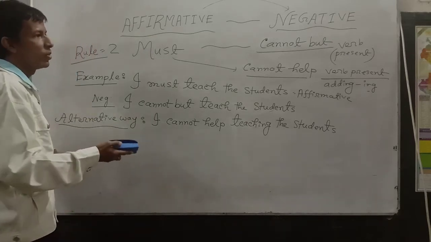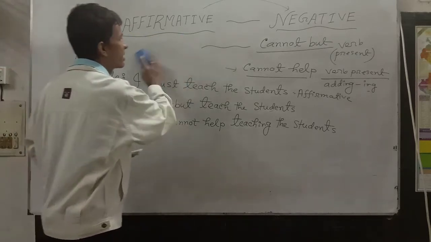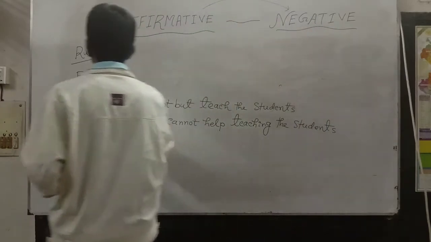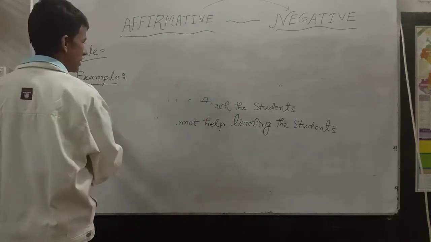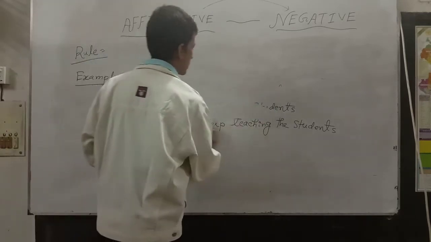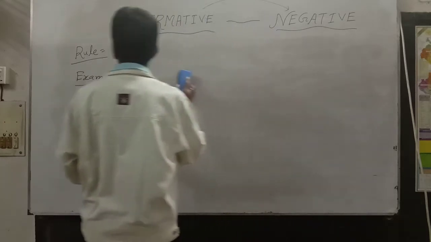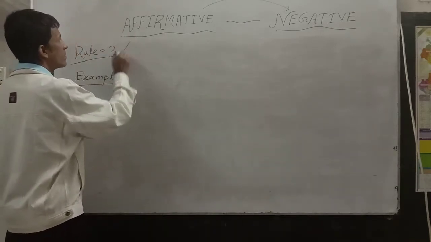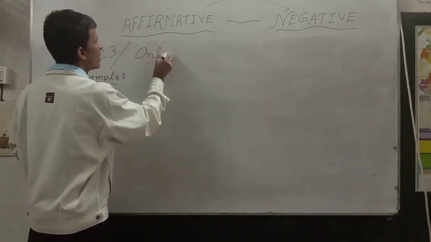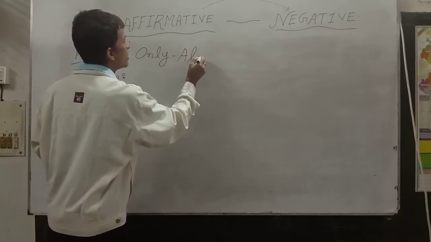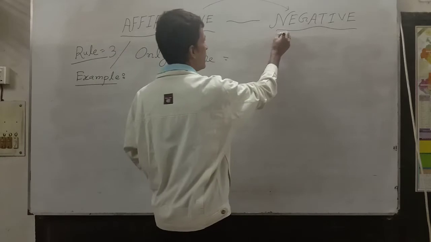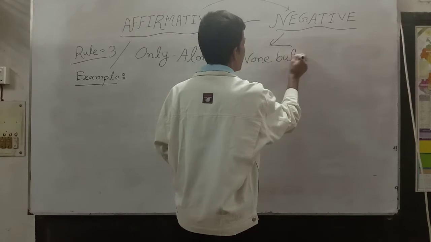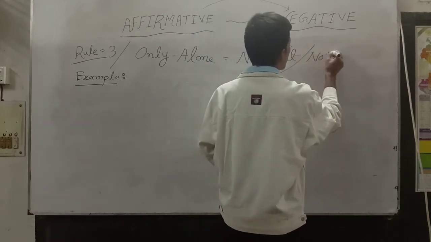In the third rule, you will find another structure. Rule 3: only or alone. In the case of a negative sentence, you will have to write none but or nothing but.